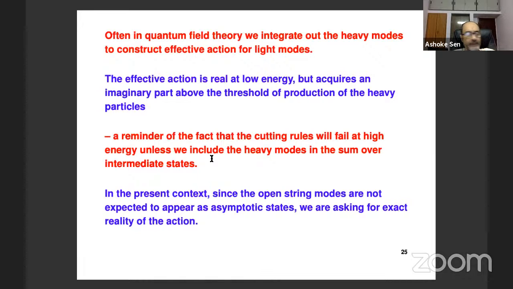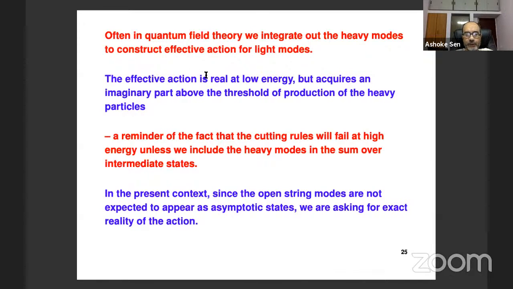Now, often in quantum field theory, we integrate out the heavy modes to construct an effective action for light modes. This effective action is real at low energy, but acquires an imaginary part above the threshold of production of the heavy particles. So even though formally you can integrate out the heavy particles and construct an effective action, it's not real for all energies.